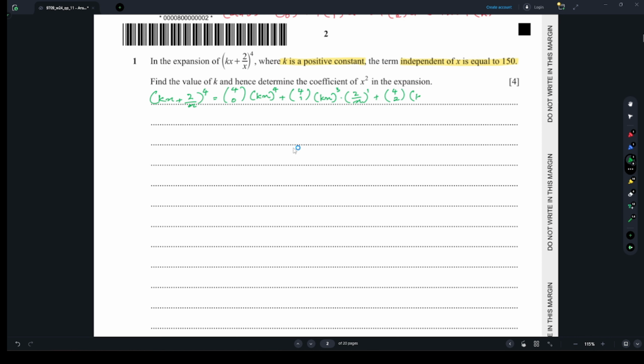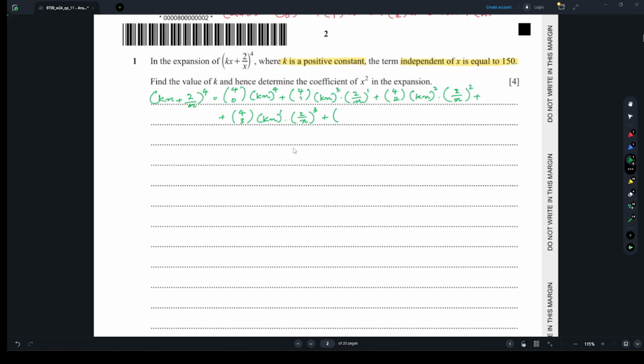kx to the power 2, and then 2 over x to the power 2, plus 4C3, and here you have kx to the power 1, and we increase the power of 2 over x by 1, so here 3.